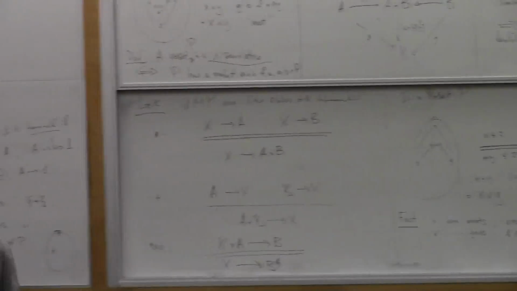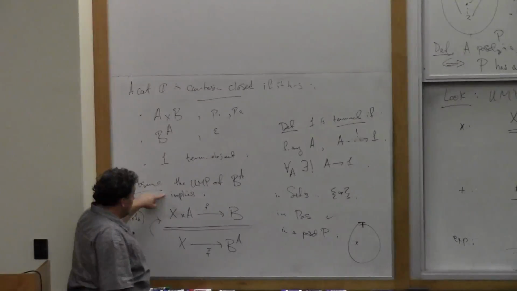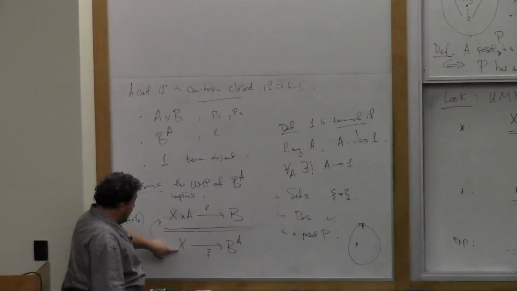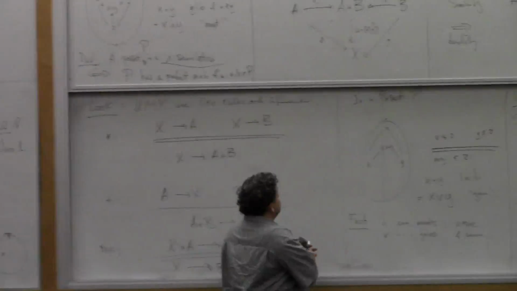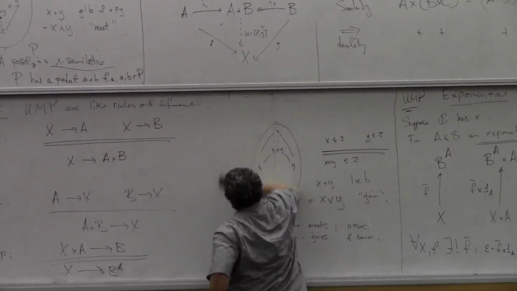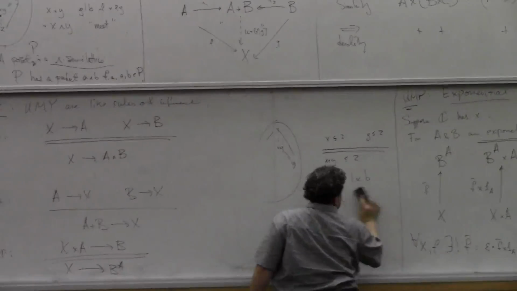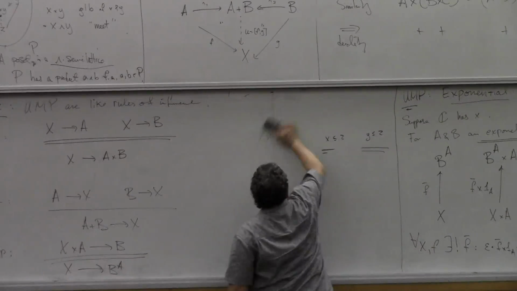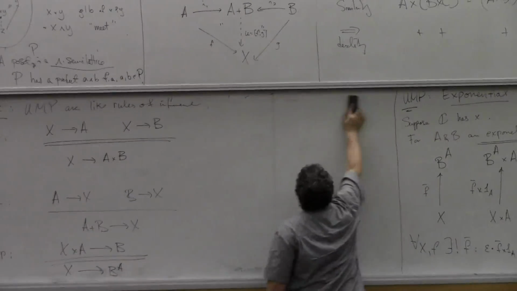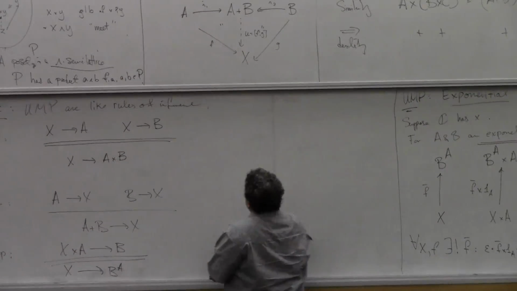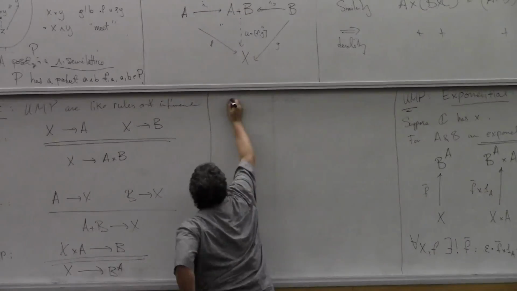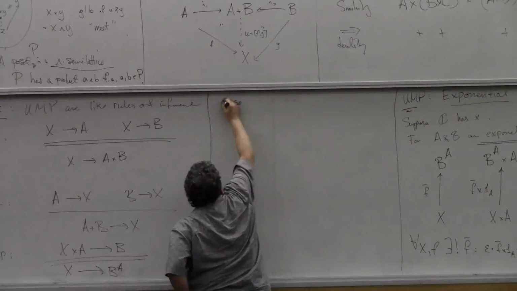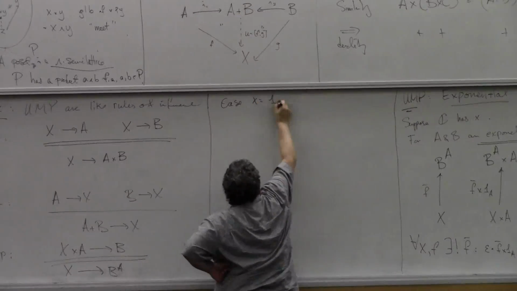Okay, so now, what if we look at the case where X is 1? What do we get? What are maps out of a terminal object? They're like constant elements or points of a thing. So consider the case of X equals 1.